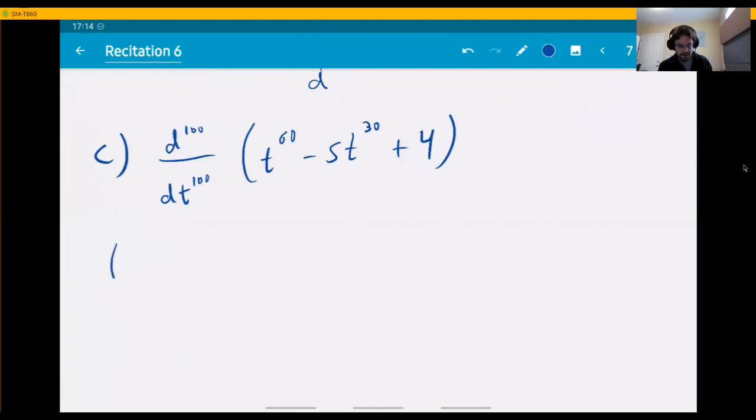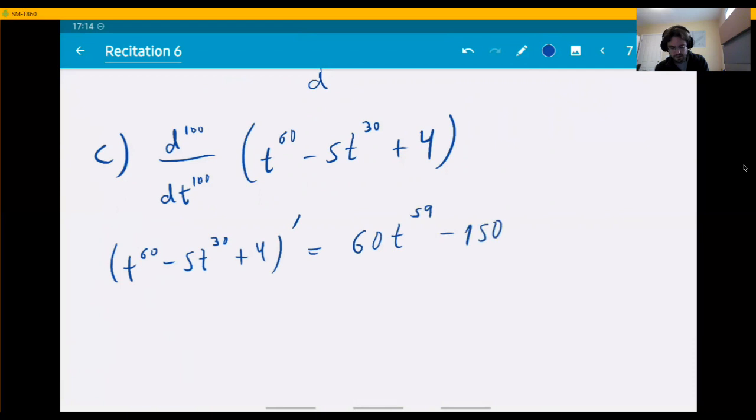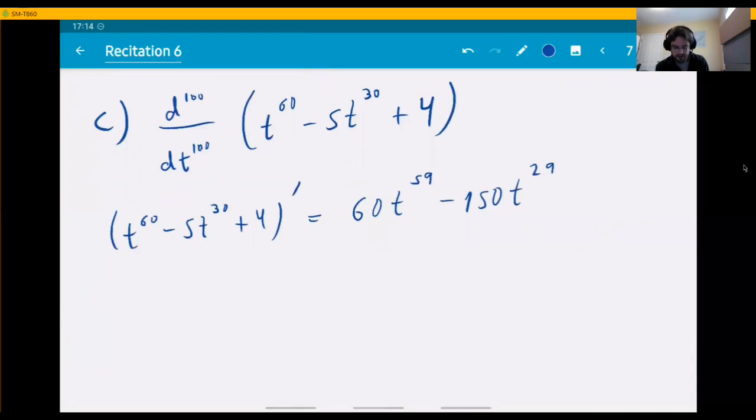Let's imagine that we try to find 100 derivatives. You have to start with 1 to see what happens. We know how to find this. I'm just applying the power rule. The plus 4 will go away. The derivative of plus 4 is nothing. This is one derivative. You see that the coefficients are getting larger, but you're also losing powers, as you do with the power rule.